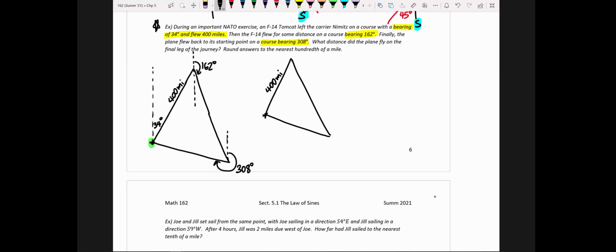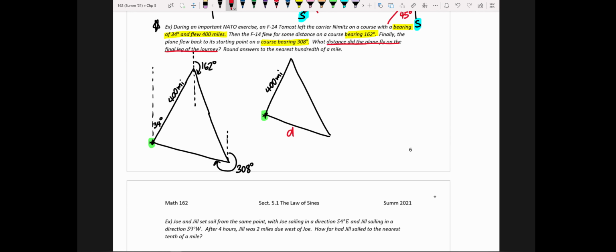So this is the starting point in green. Second leg, they didn't tell us the distance. And then third leg, they want us to find what distance did the plane fly on the final leg of the journey. So that's what we're trying to find. We'll call that D. The distance the plane flew on the final leg of the journey.